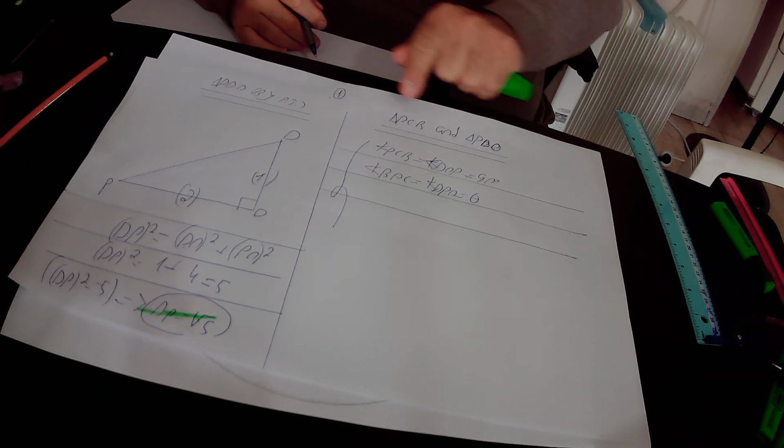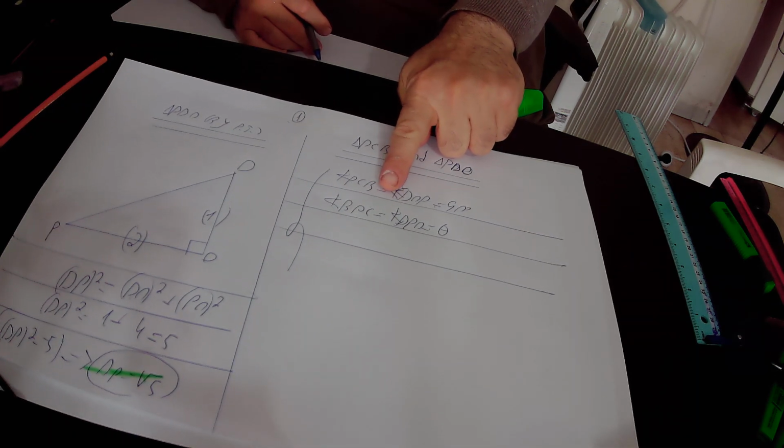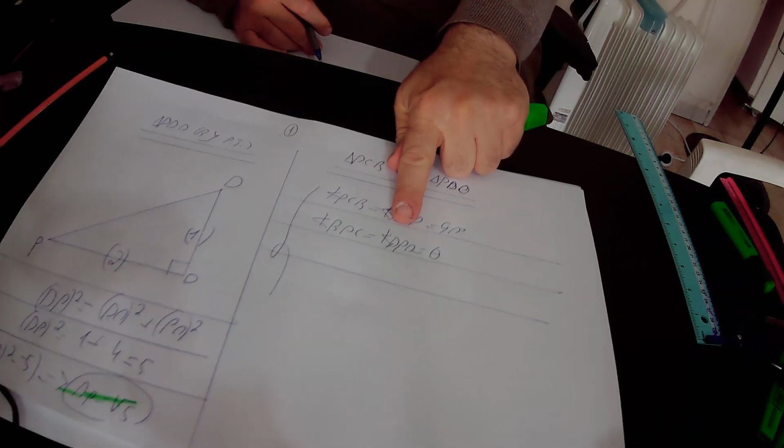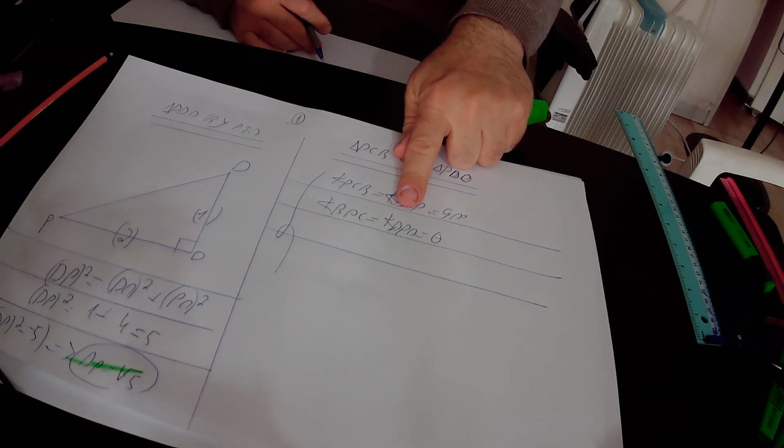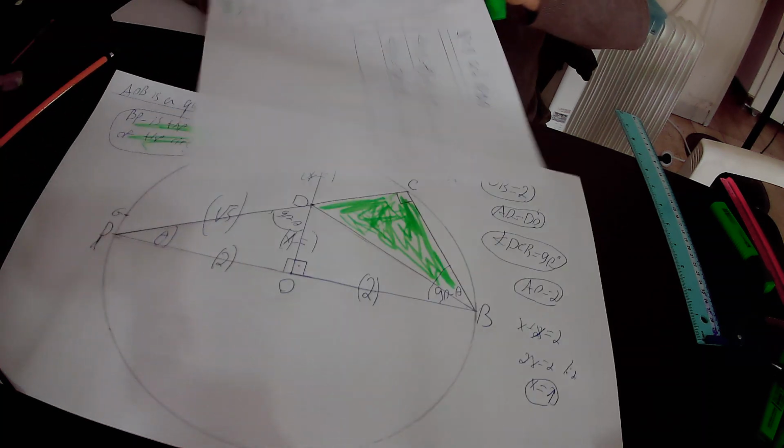So actually, this equation means that angle theta equals itself. We just call angle theta by two different names. Angle theta equals itself as a common angle that belongs to both triangles.